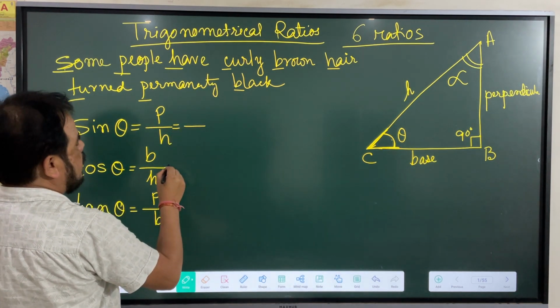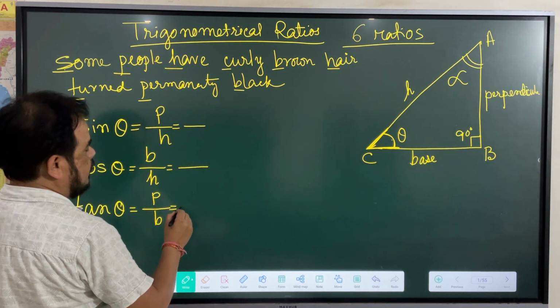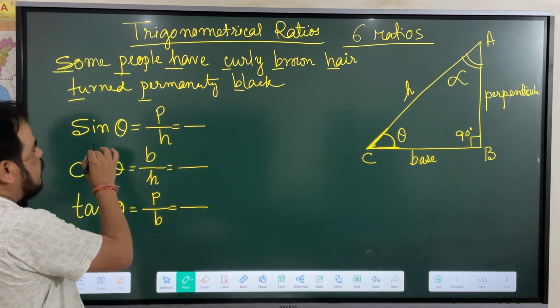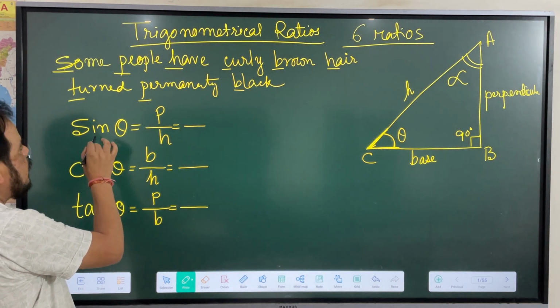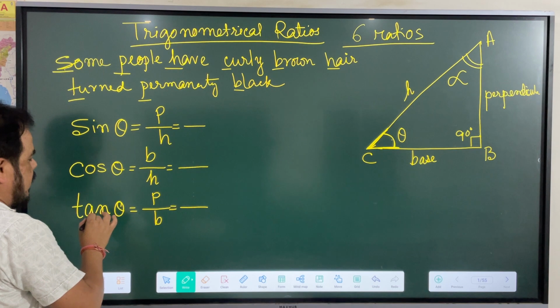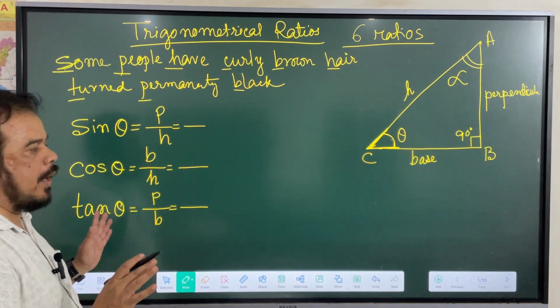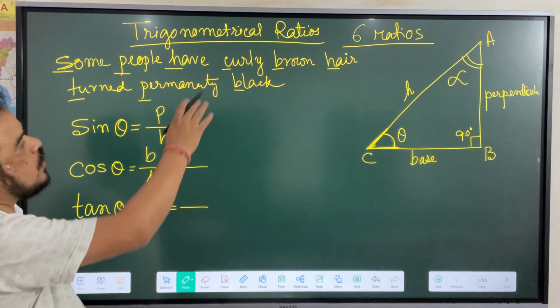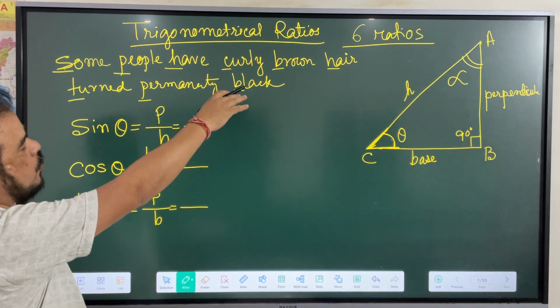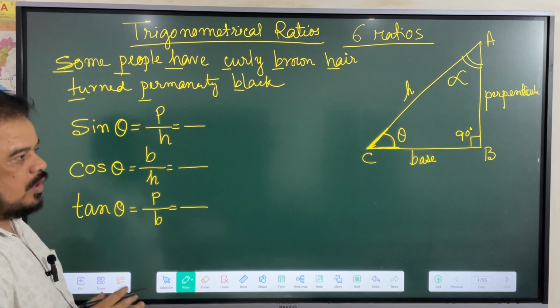Now let us write the sides directly. Sin theta. Let me tell you again, this is sin or sine, cos, tan. 3 more are there. For the time being, those 3 are not required. Only, total 6 I have told you already. 6 ratios are there, so you have to learn about 3 for the time being.